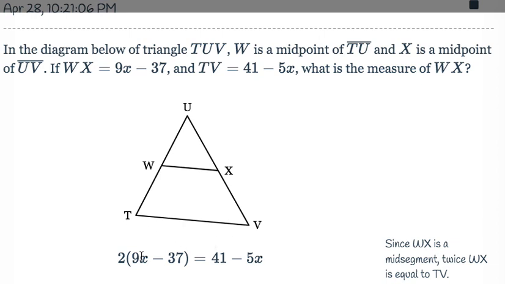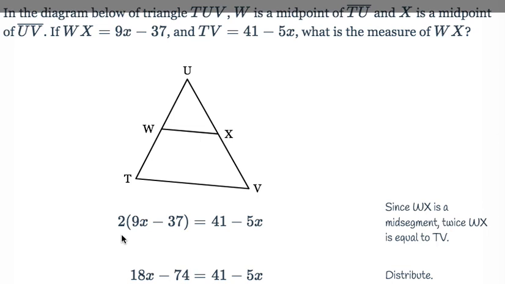So that's exactly what you need to write down in equation form. 2 times WX, WX was 9x minus 37, is equal to TV, which is just 41 minus 5x. And now you're just performing algebra to solve for x.